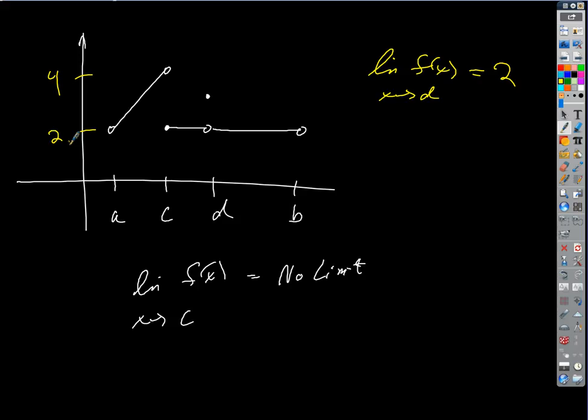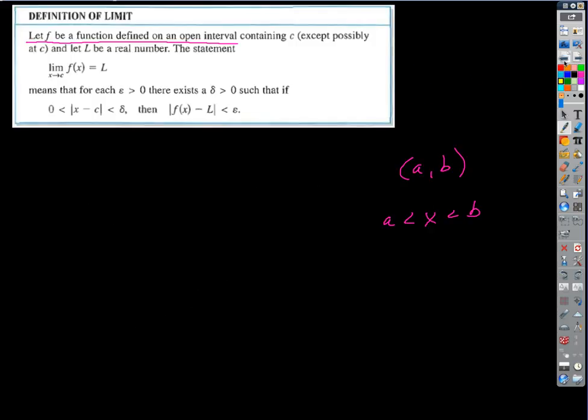Good review, right? Okay. So our function is defined on this open interval. That's all this is saying here. This is kind of the fine print on this definition. So our function is defined on some open interval containing the point c, because that's the point the ant's going to approach. Remember, this is a key to the behavior of a limit. The function doesn't even have to exist at c, does it?